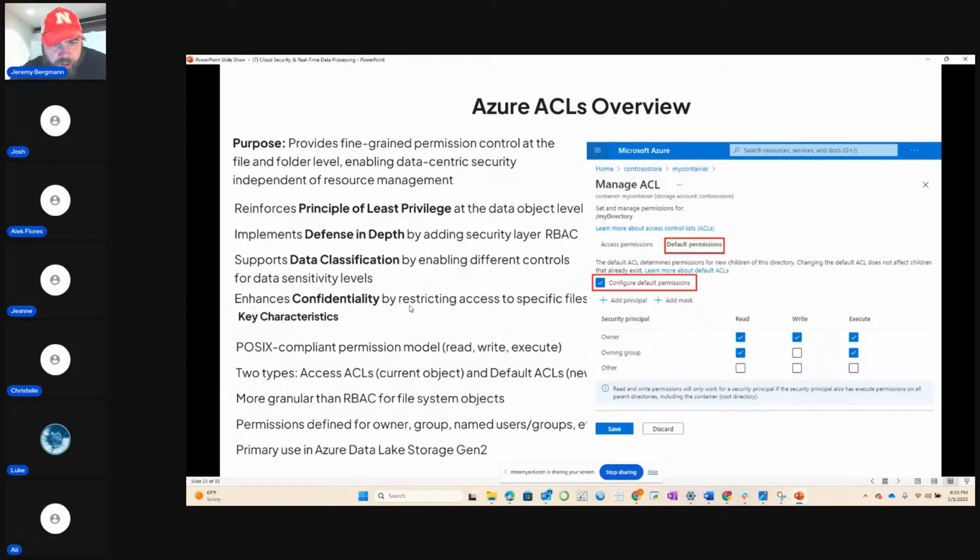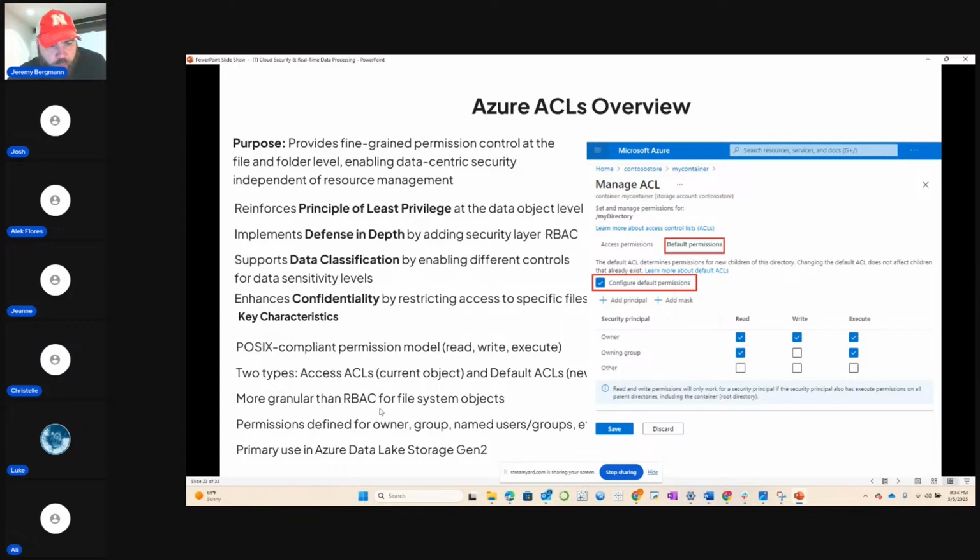It enhances confidentiality by restricting access to specific files. Its key characteristics: it's POSIX compliant, so you don't have to know a lot about that other than it's read, write, execute. You have two types, access ACLs and default ACLs.